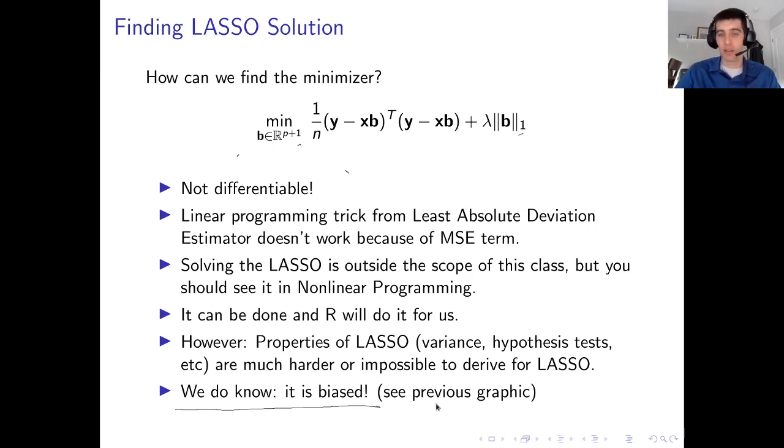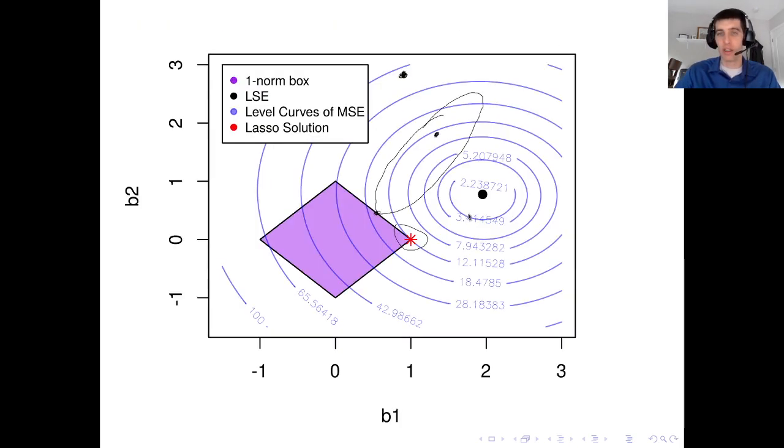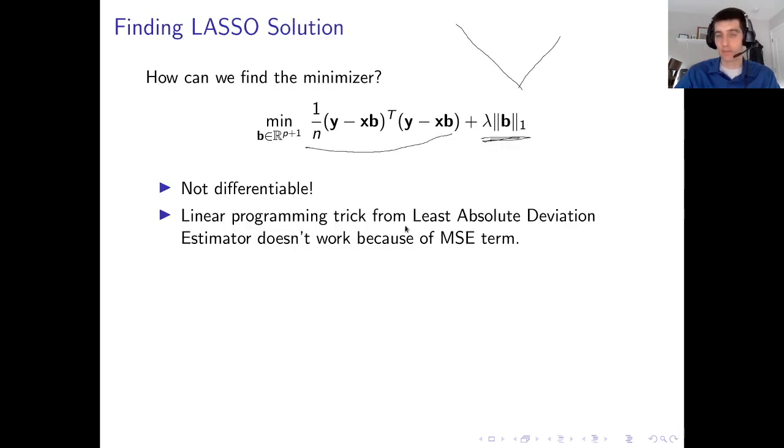If we see the previous graphic, what's happening is we're taking this least squares estimator, which is unbiased, and pulling it away from what it would usually tend to be, and this is inducing some bias.